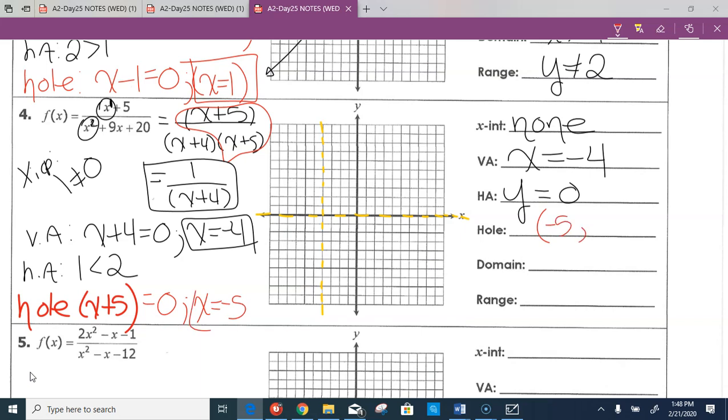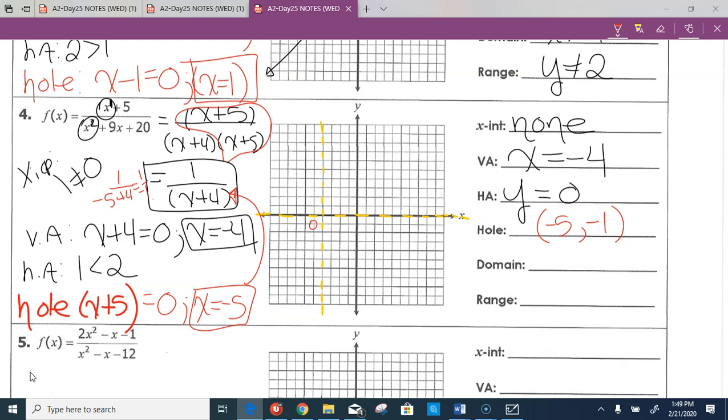Take this negative 5 and plug it back into the simplified form of my equation for x, and I end up with 1 over negative 5 plus 4. 1 over negative 5 plus 4 is the same thing as 1 over negative 1. 1 divided by negative 1 is a negative 1. So I have a hole at (negative 5, negative 1) right there.